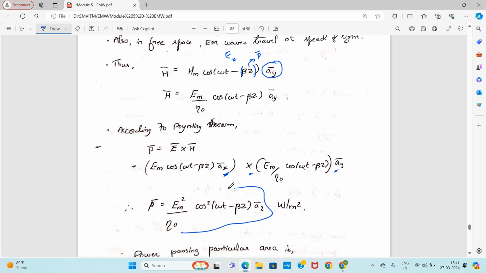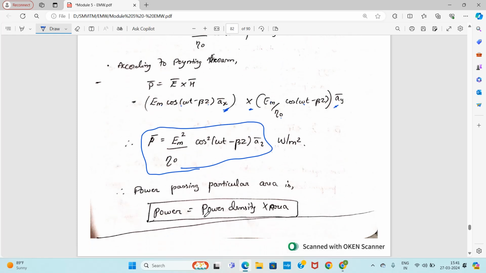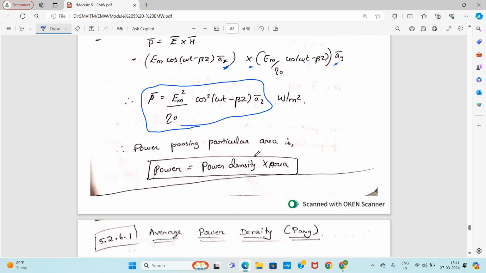So this is the equation you get for the Poynting vector. And if power density is given and area is given, power can be calculated as power density into area. Remember this: power density is power by area, so power will be density into area.